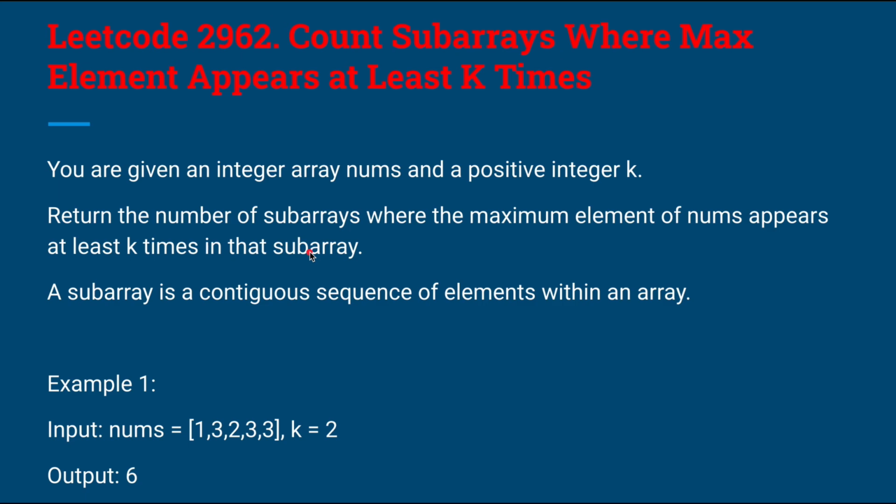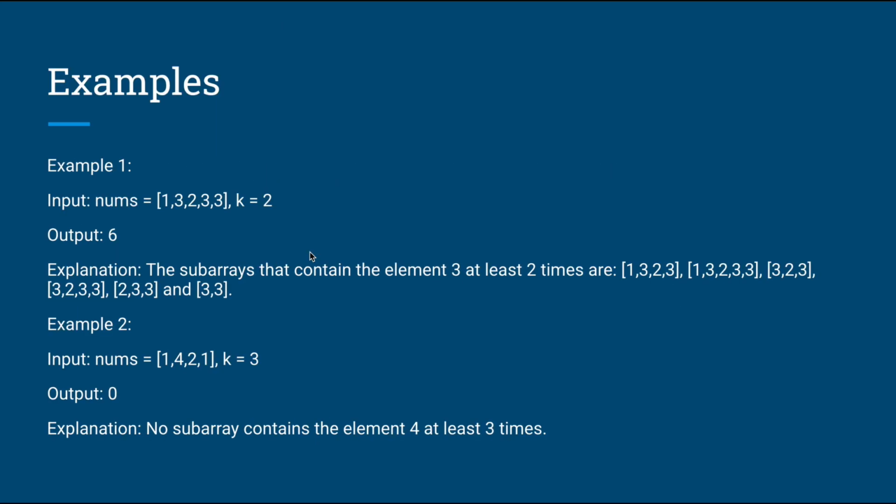So instead of checking every subarray manually, what we should do? Just think, right? That is called intuition. For the example that we have given here, you can see nums we have given, k we have given, and output is 6. How is it coming? The subarrays that contain the element 3 at least 2 times are these, and these.